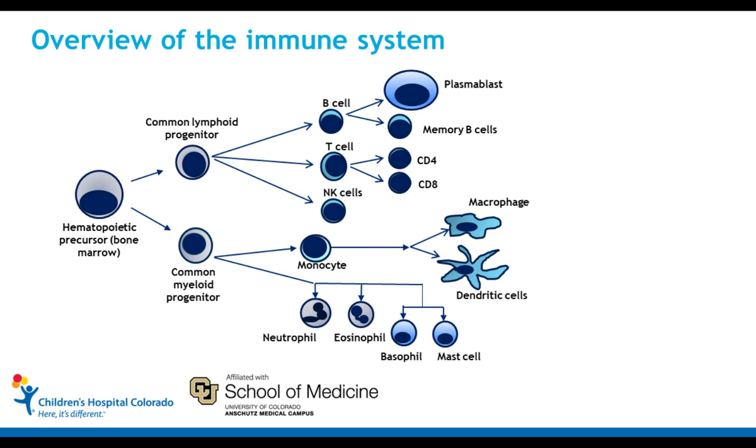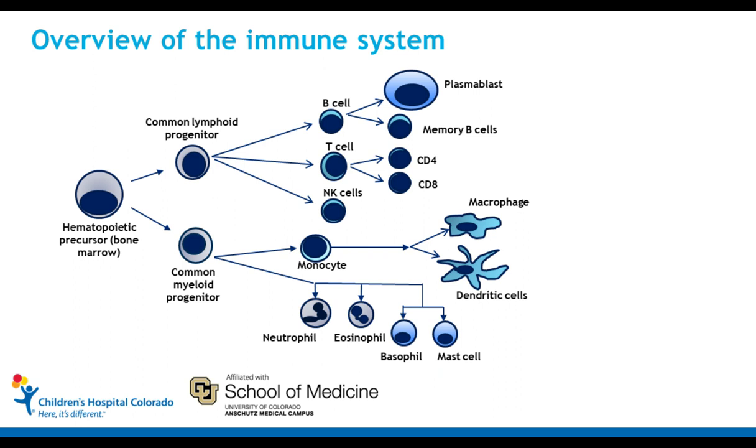They may take the path of the lymphoid progenitor, which then results in the development of B cells and T cells, as well as natural killer cells, or they may take the pathway of a common myeloid progenitor, which gives rise to cells of myeloid origin, the monocyte and the granulocytes.